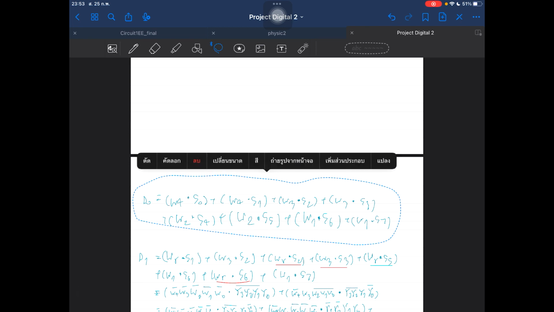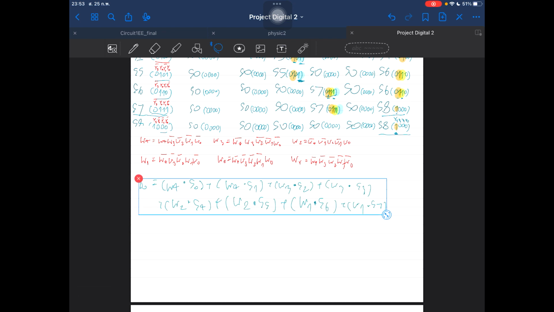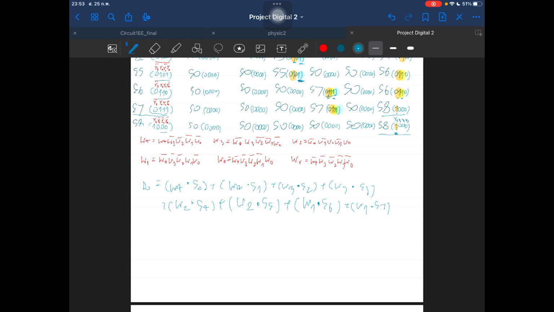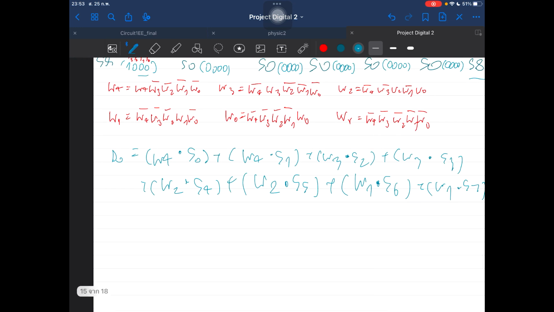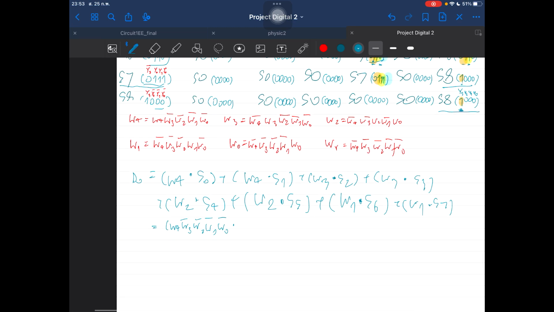And the last equation is D0. Looking at the name of W4, then look at the next equation. The next equation is W4 and state 1.